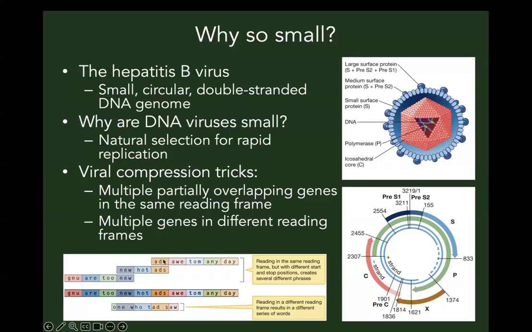So this is the same reading frame, but if there are different start and stop positions, you can get different protein products. Alternatively, if you have different start and stop positions here, you can change the reading frame and also get different protein products. And so this is a map of all of the products that are made out of this single, well, double-stranded, one double-stranded loop here.